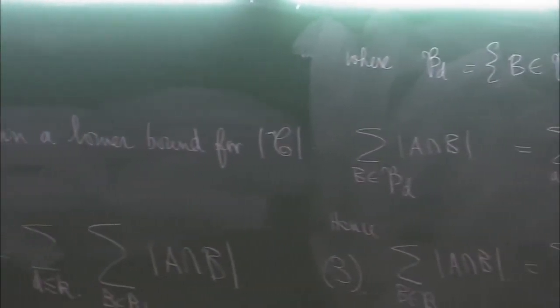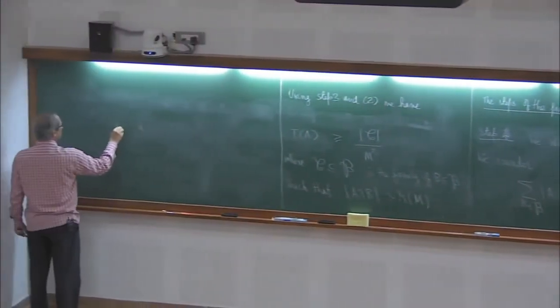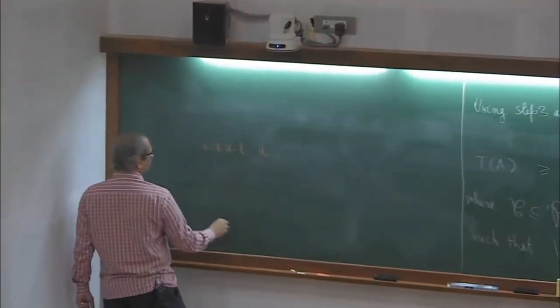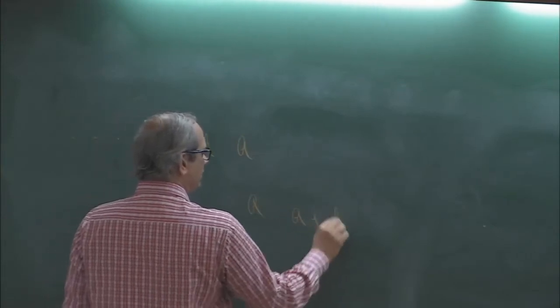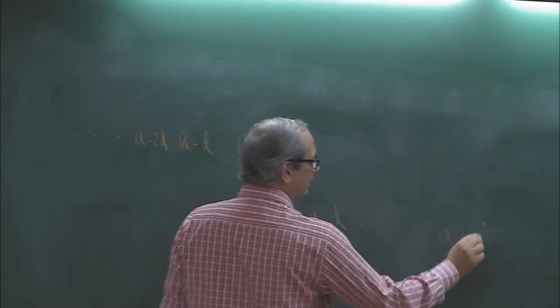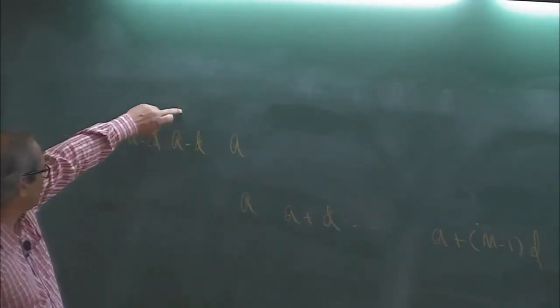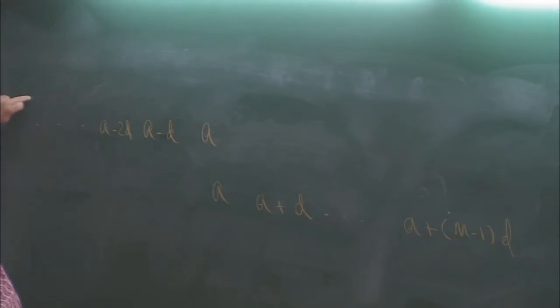You see that you start from a and you go backwards, a minus d, a minus 2d, and so on, or you go forwards, a plus d, up to a plus (m minus 1)d, or you start with a as the second term and you have a plus d, a minus d, and so on.